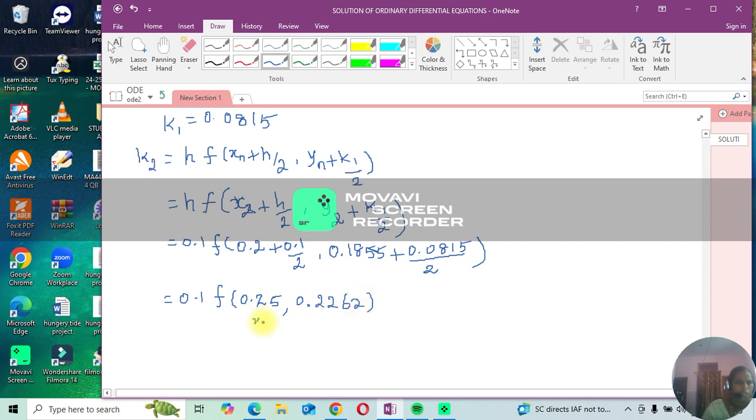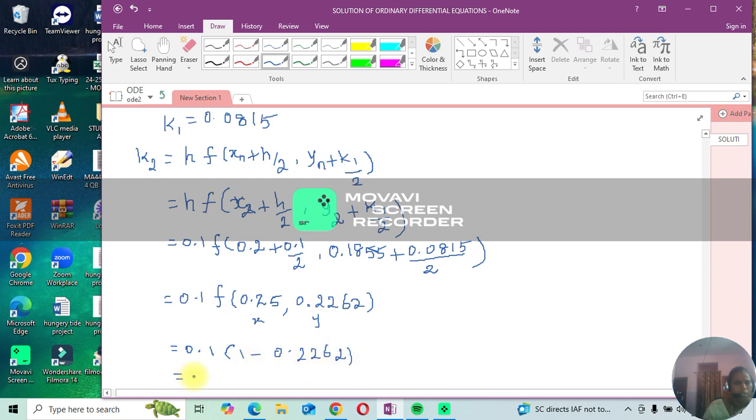So now this is the x value and this is the y value. Substitute it in the function: 0.1 into 1 minus y. What is y? 0.2262.